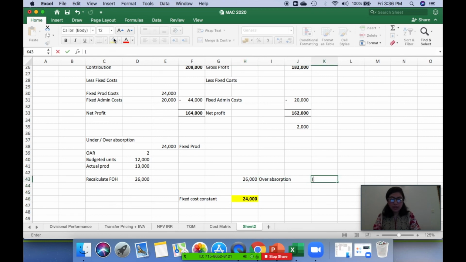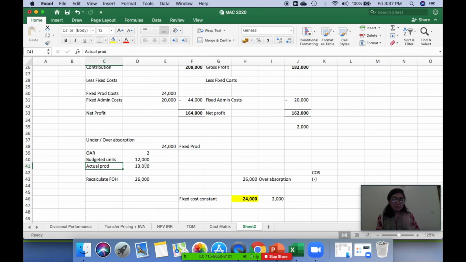So in over-absorption, what do you do? You subtract the amount that was extra. So how much would you subtract? In this case, the difference was 2,000. So in over-absorption, you subtract the amount from where? Cost of sales. So what happens is when the production changes from its budgeted unit, over and under absorption is created.